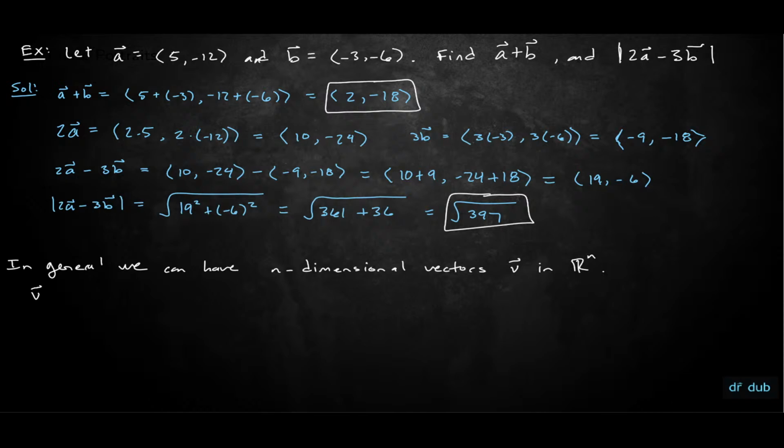And those vectors have n components, v1, v2, v3, ... vn.